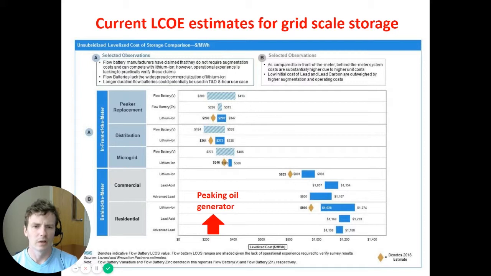Those would be diesel oil generators that might be used as backup at hospitals or other critical infrastructure. What you see is that the levelized cost of electricity for grid scale, utility scale energy storage technology is already cost competitive with the most expensive peaking devices that we're using today.